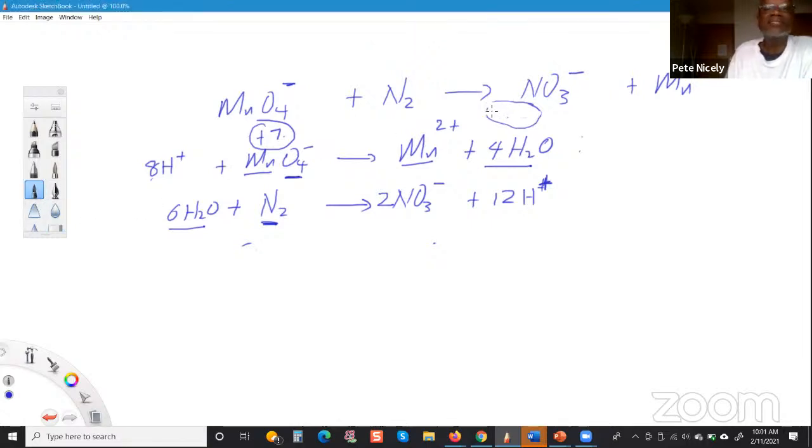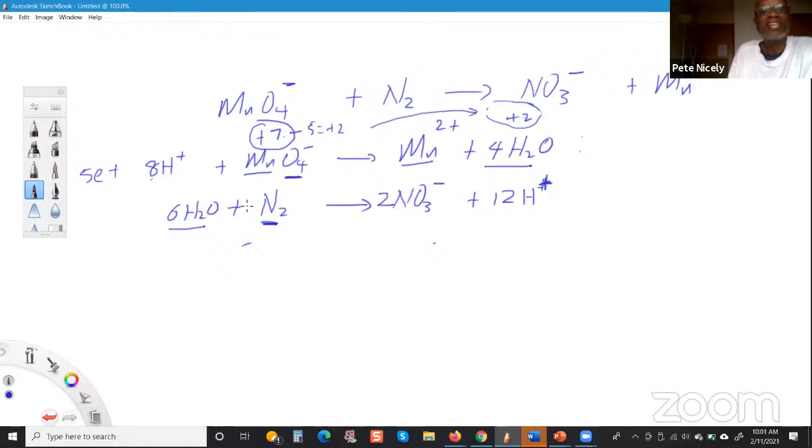On the right side, we have a total of plus 2 charges. So the question now becomes, to which side do we add electrons and how many? Because this side has a higher net charge, we add the electrons to this side, and we would add 5 electrons. By adding 5 electrons, we reduce the net charge on this side by 5 to give you plus 2, which balances with the plus 2 on this side, all right?